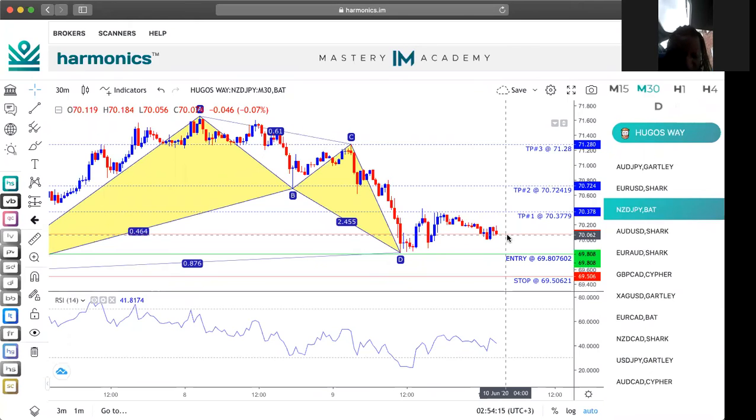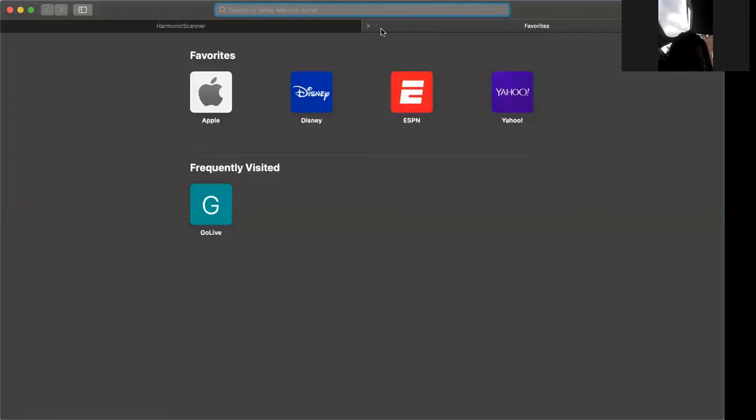I want to know if, with a harmonic scanner, the individual is supposed to set those resistance and support levels, or the scanner will do it for you. No, you set them yourself, and I can show you.